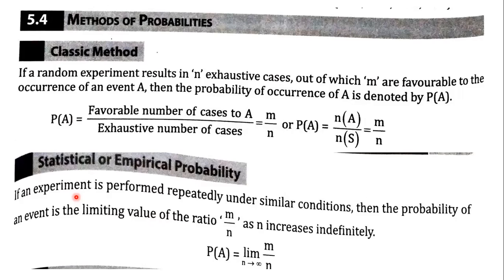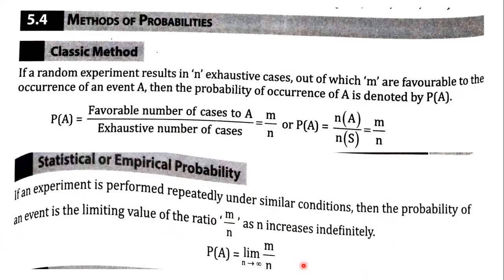So here, if we are performing the event over and again, then you can check that if similar conditions hold, the probability of the event will become the ratio of m by n. Now this is a statistical way of solving the probability. Okay, just understand the concept.